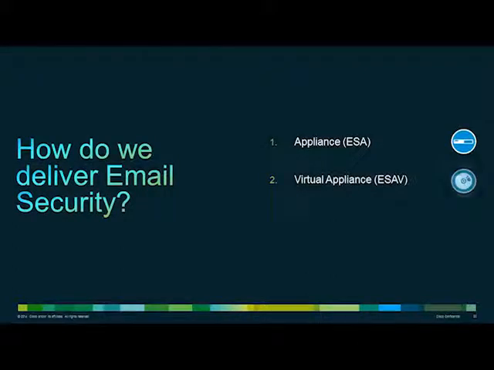Secondly, the same solution can be deployed as a virtual appliance, supported on Cisco Unified Computing System platform, an economic and flexible deployment method for the data center or customer with applications converged into virtualized servers. Finally, Cisco Cloud Email Security, giving a number of managed, subscription-based solutions hosted in the cloud. Let's take a look at each of these options.